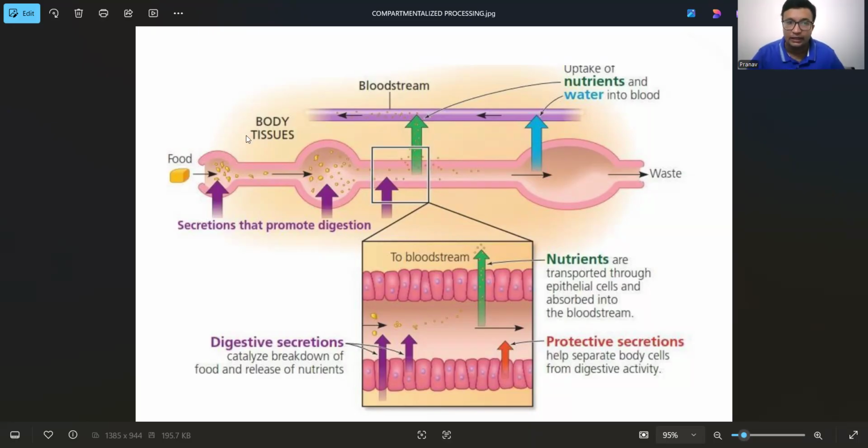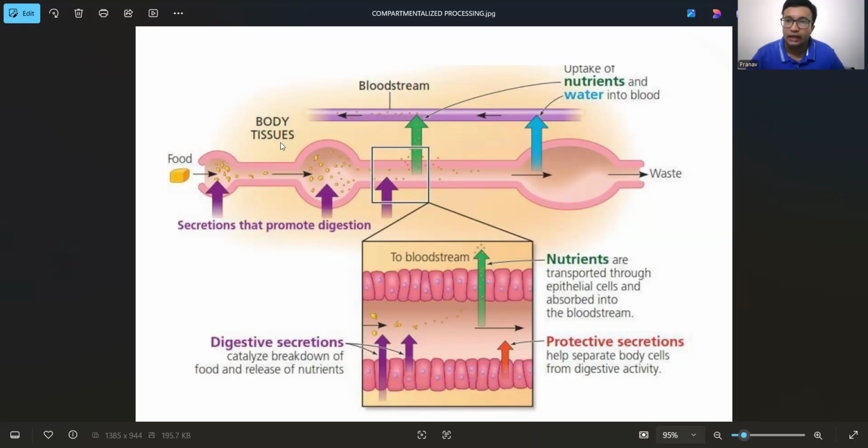And you can see that the body tissues are separate from the enzymes where they are secreted in the digestive tract. So the lumen of the digestive tract, the empty space within the digestive tract, is separate from the body tissue.